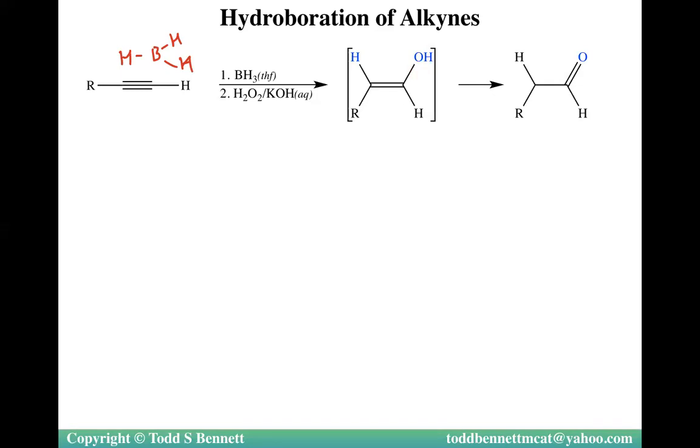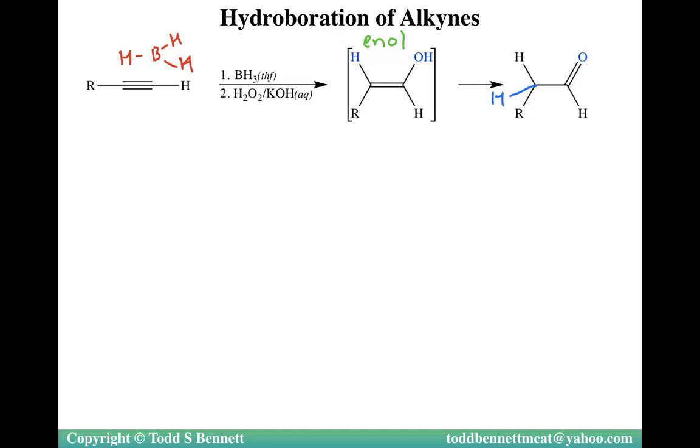This compound has an alcohol on an alkene, so we refer to it as an enol, and it can quickly, under either acidic or basic conditions, convert this H here. So if we deprotonate this H, this kicks in, those electrons go over here, and we pick another H up. So the enol readily turns into a carbonyl.